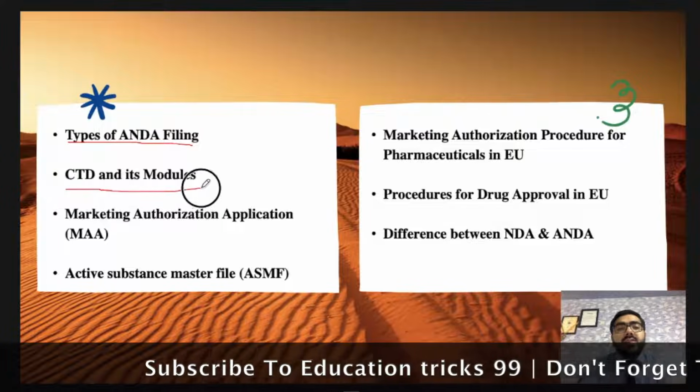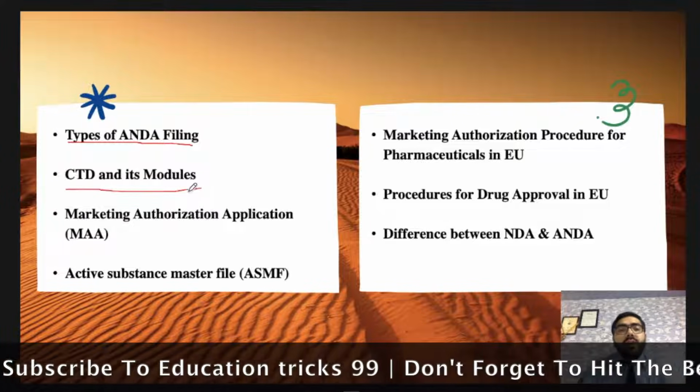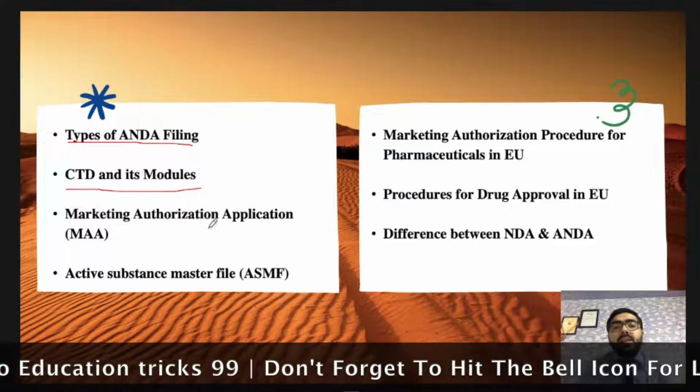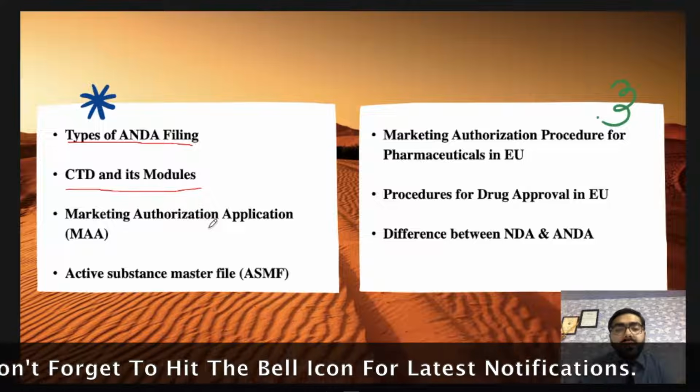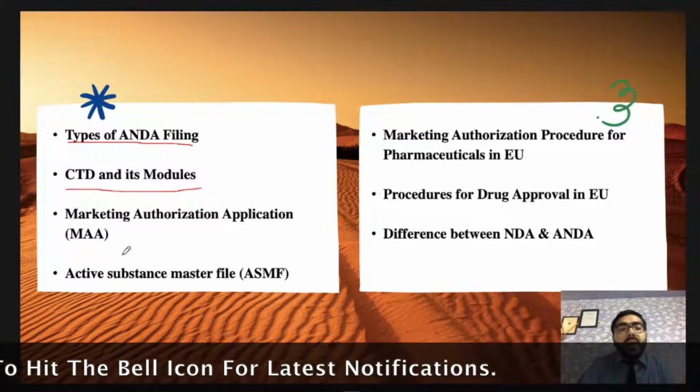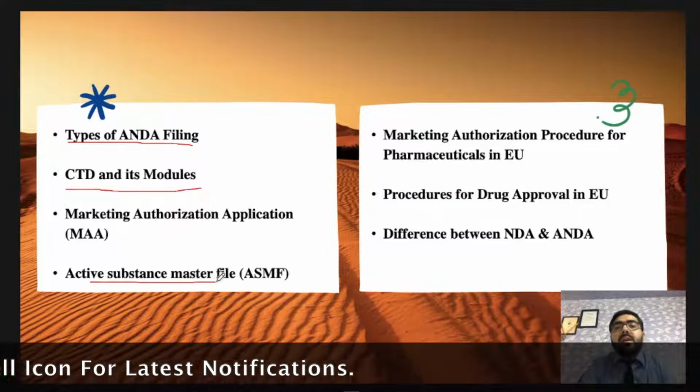Then we will learn CTD and its modules. Then we will learn marketing authorization application, like what is marketing authorization application. It is basically for the Europe market. And then we will learn active substance master file.